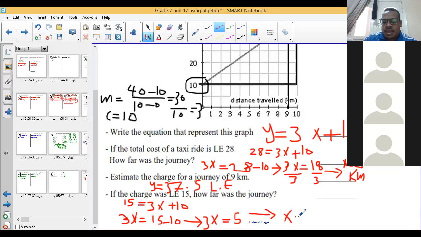So x equals 5 over 3, approximately 1 and 2 over 3 kilometers. Leave it as a mixed number.